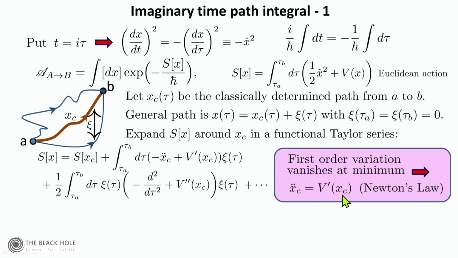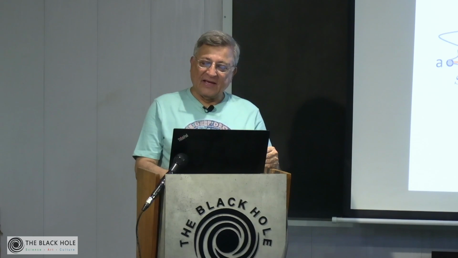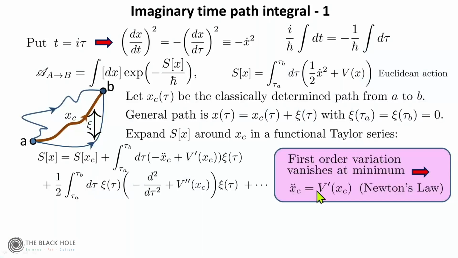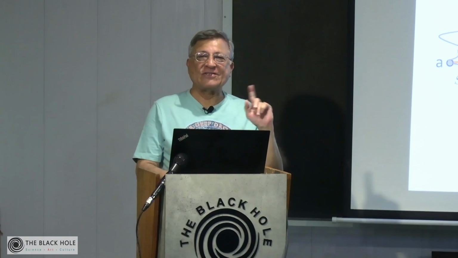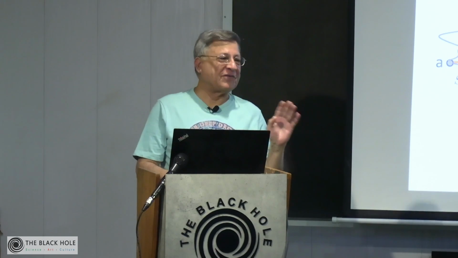That is actually Newton's law. But it's Newton's law with a small difference. In ordinary time, you have mass into acceleration is equal to the force. Here you have the mass into the acceleration equal to minus the force. Huge, huge difference, and this is going to make all the difference.